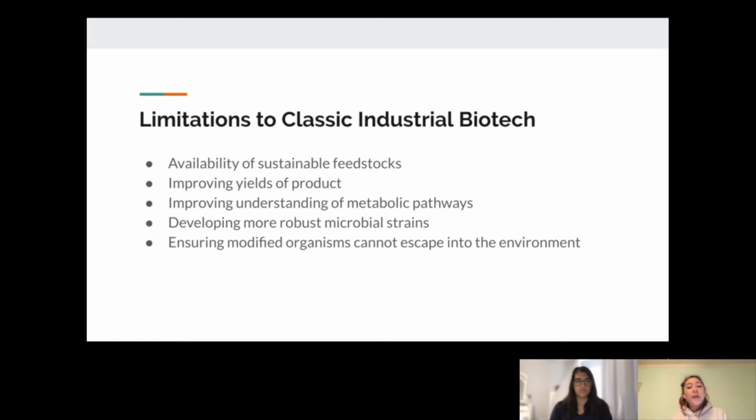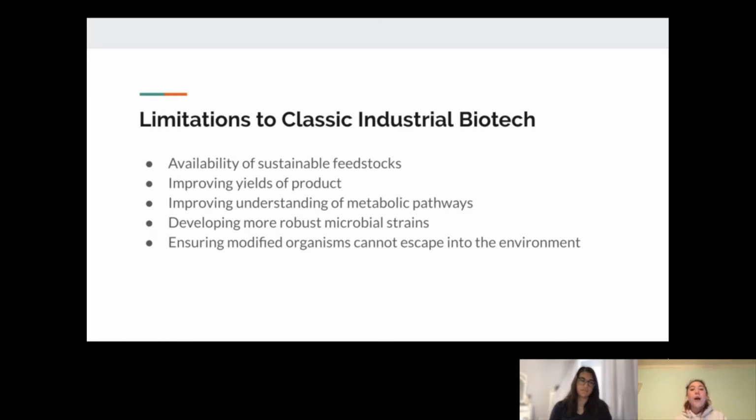Once we get to the use of second generation feedstocks, those kinds of supplies are very sustainable. We have a lot of biomass that we don't necessarily use in our own products. However, right now, while we're using first generation feedstocks such as corn and sugar, there is production cost to factor into whether using the industrial biotechnology processes with that is going to be sustainable. The second is improving yields of product.